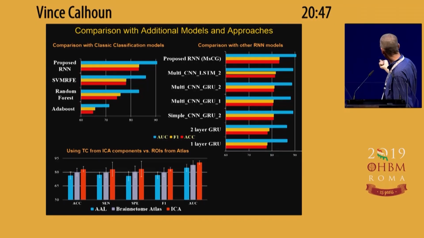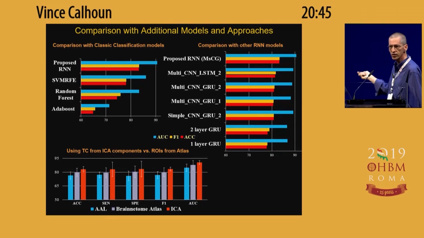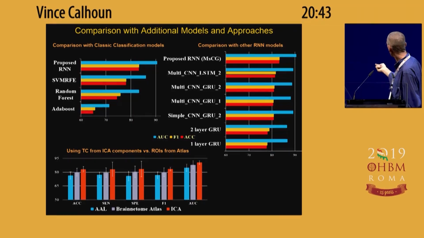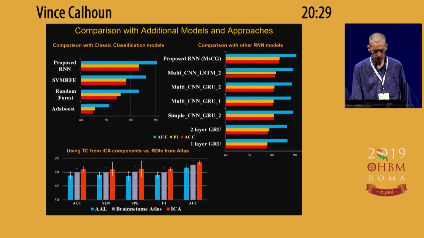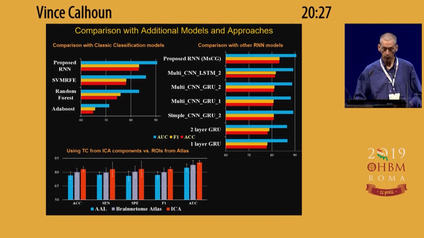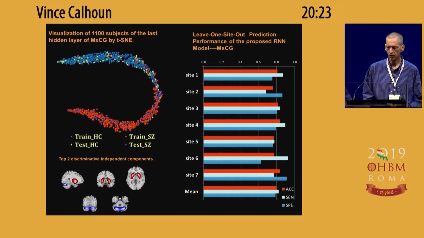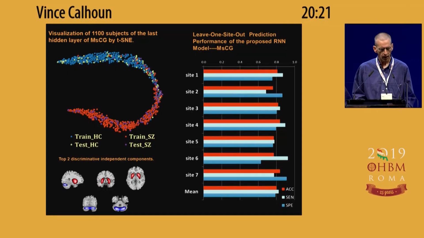And if we compare the information from the time courses extracted from either ICA, a low-dimensional atlas called the AAL atlas, or a higher-dimensional one called the Brainnetome atlas, you can see that when we're using this data-driven parcellation, we actually do slightly better in terms of performance as well. Again, we have to go back another step and create atlases using deep models as well.